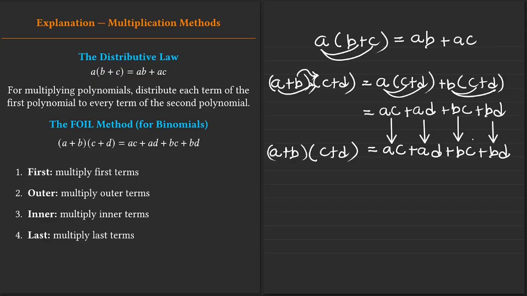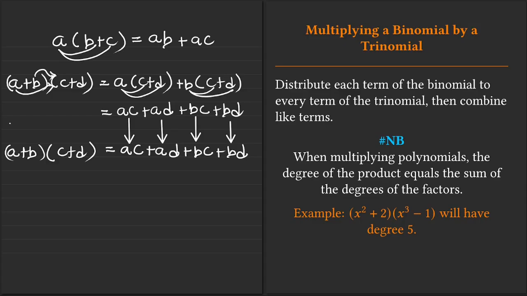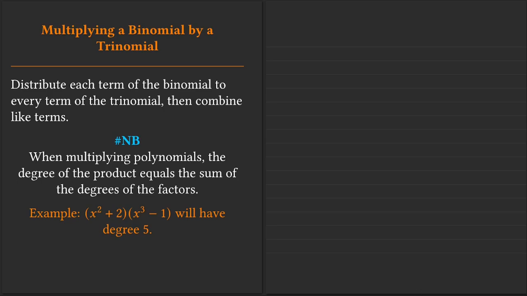If you just want to go by simple intuition using the distributive law, that is also fine. For what we have considered so far, they are all binomials. But what if we actually have a trinomial? A trinomial is simply having three terms.